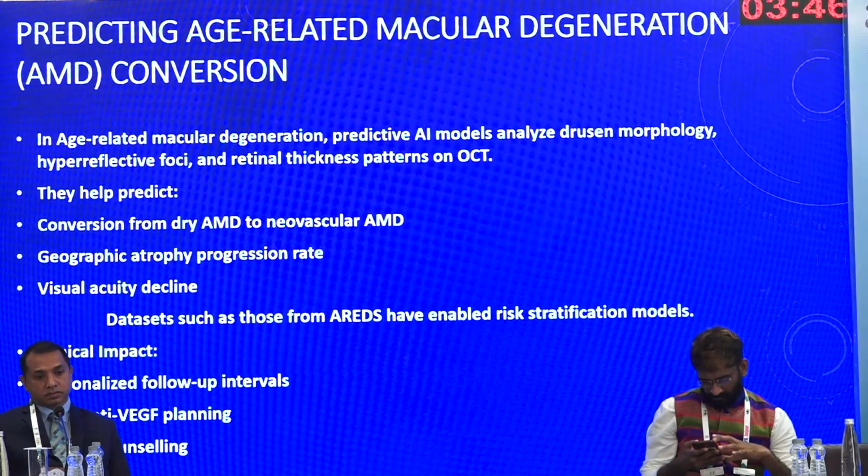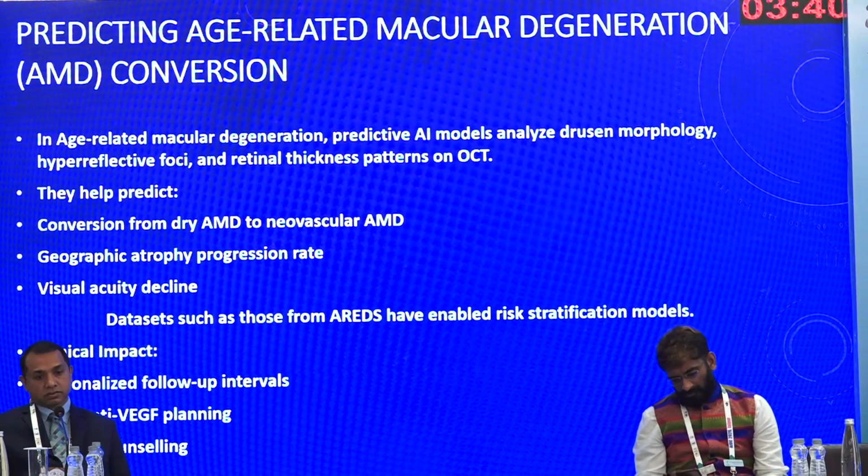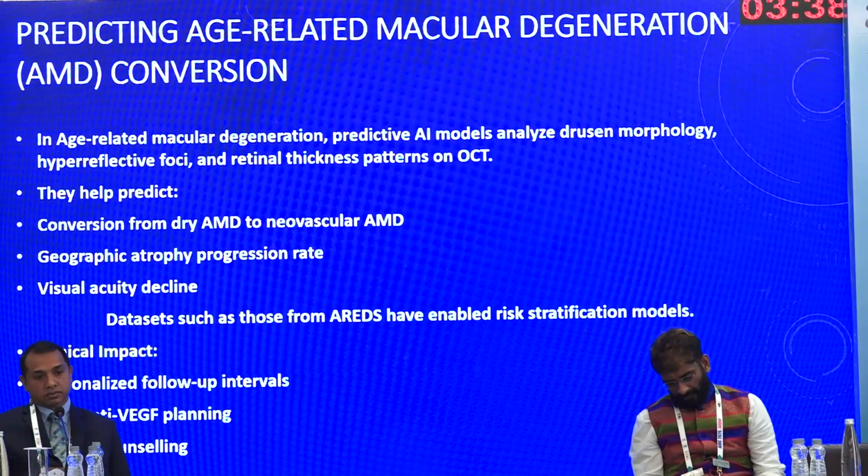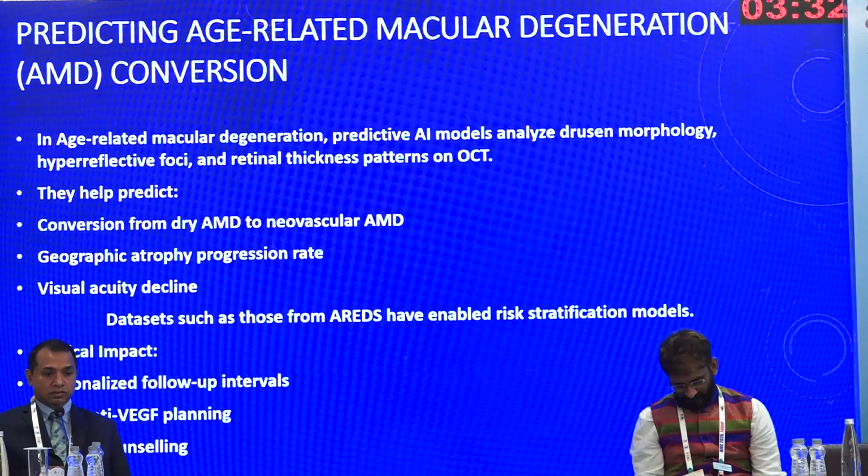Coming to ARMD conversion and its prediction, predictive intelligence models analyze drusen morphology, hyperreflective foci, and retinal thickness patterns on OCT. They help predict conversion from dry AMD to neovascular AMD, geographic atrophy progression rate, and visual acuity decline. Datasets such as those from AREDS have enabled risk stratification models.